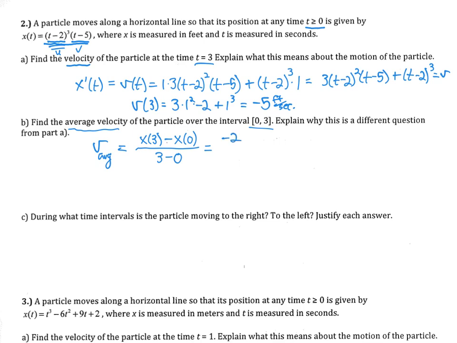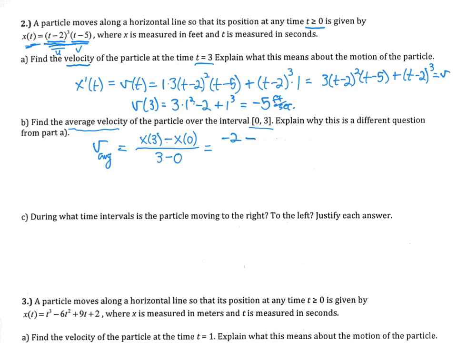You can get that by just plugging 3 into the position function up there. 3 minus 2 is 1. Cubed is still 1. 3 minus 5 is negative 2. Minus, and then if we plug 0 into the position function, we get negative 2 cubed, which is negative 8.